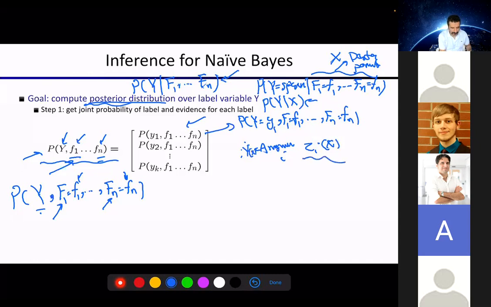Or we had this transformation to probabilities, and there we could decide based on the probability distribution what label we want to assign.